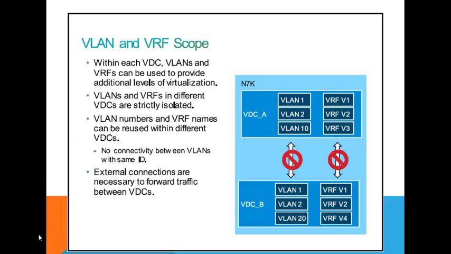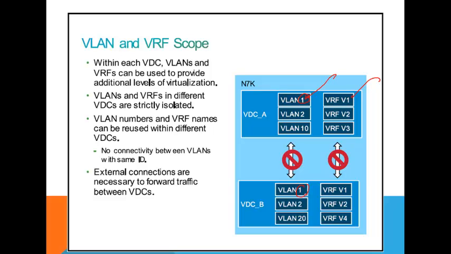As we already discussed, there is no internal communication between VDCs. So there is total layer 2 and layer 3 separation. The VLAN number that you use in one VDC can be used in other VDCs. That won't cause any conflict.